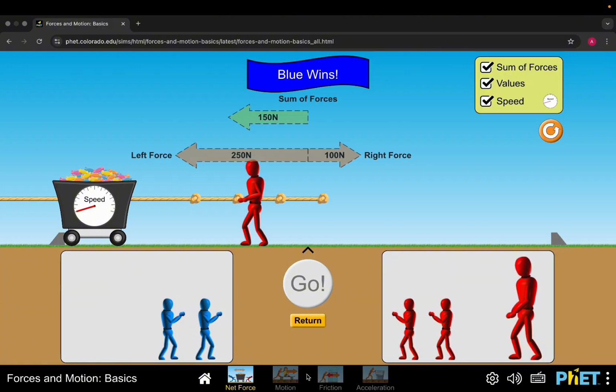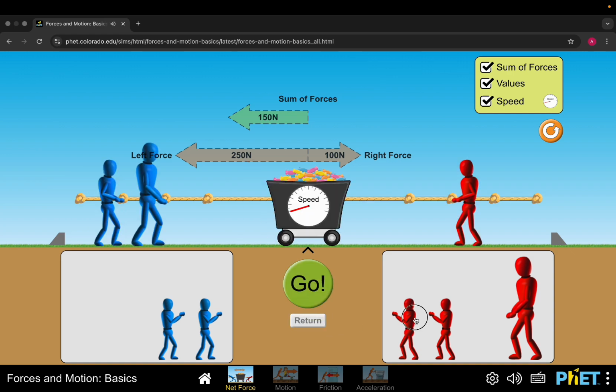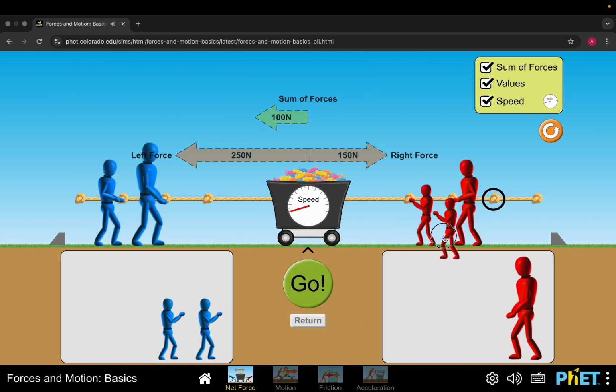So let's try again with these little ones. As you can see, there's 200 newtons going to the right and 250 newtons, I'm so sorry, going to the left. So if we give this a try, it is still going to go to the left.